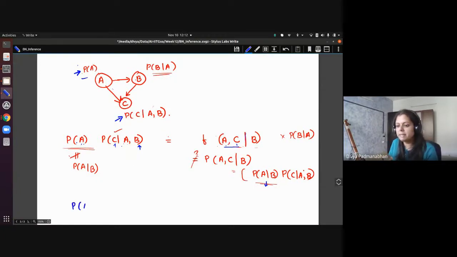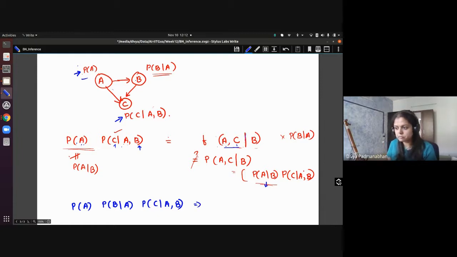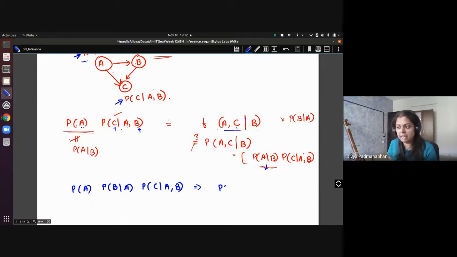But if you join all the factors which have A, so P of A, P of B given A, and P of C given AB, those are the factors where A arises. If you join all these factors, this is going to be a valid probability distribution, exactly P of A, B, C for this network.